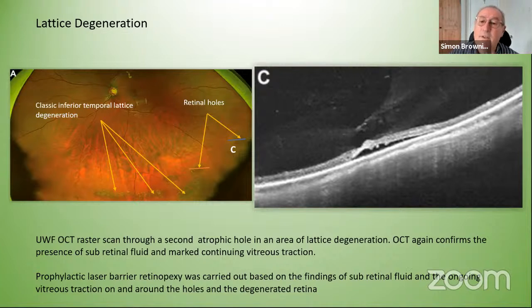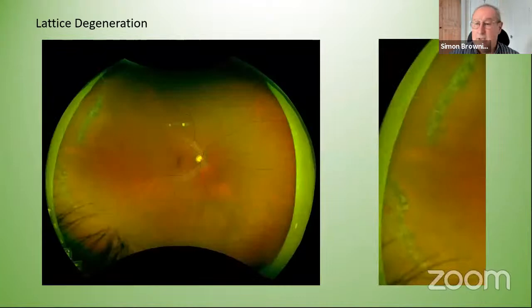And consequently, with the additional information that's provided to us here, we can make the decision that we need to carry out a barrier retinopexy just to prevent further problems in the future. Now, you can't make that decision definitively without that ultra-wide field OCT. So we've got another issue of lattice degeneration here, and we see beautifully on the right there, magnified up.